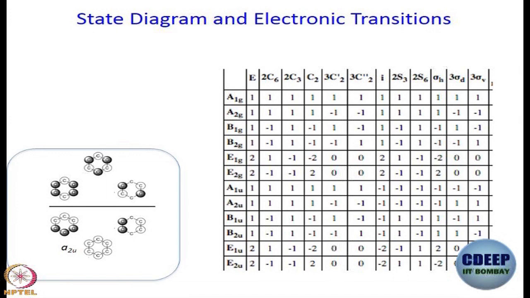So, this one, is it minus with respect to sigma h or plus with respect to sigma h? Huh? Plus? No. Sigma h. So, E1G, right. So, this is my shortcut. I do not really have to work out the matrix all the time.